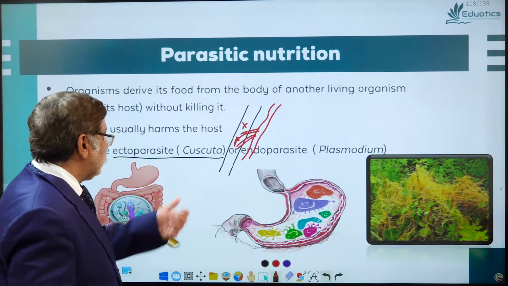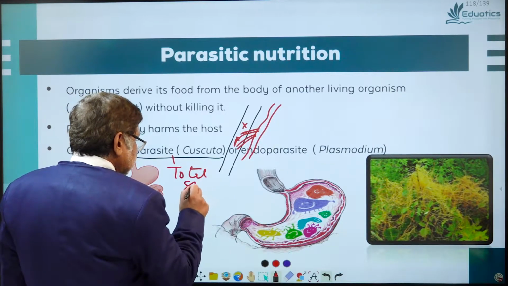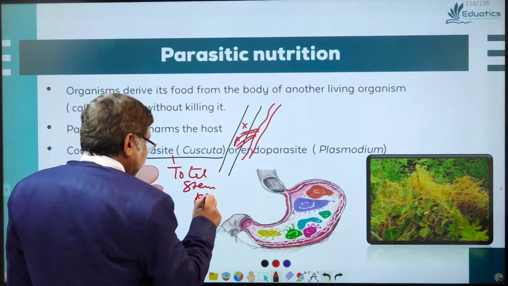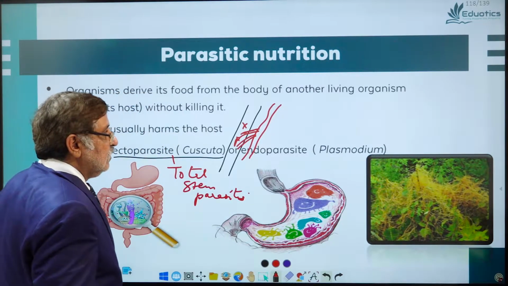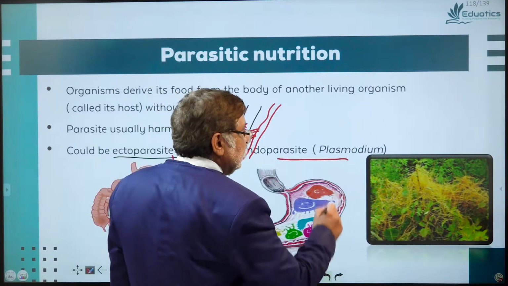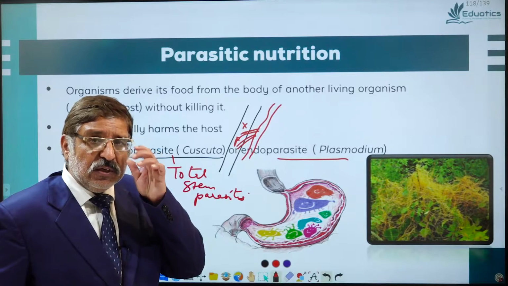That's why they are total stem parasites. Whereas endoparasite, Plasmodium vivax, which causes malaria, which has become a household name.